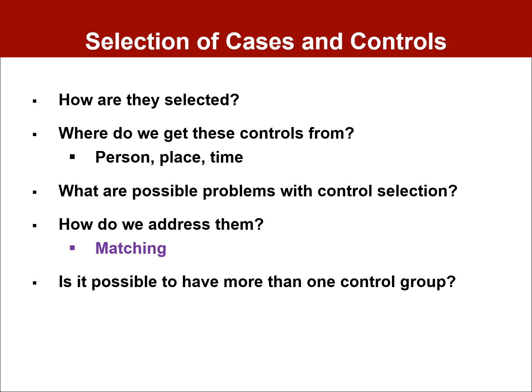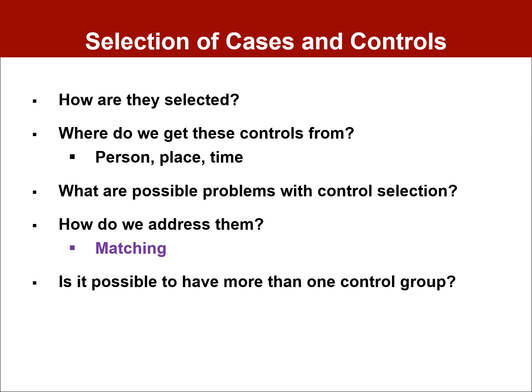And remember in epidemiology, when we talked about descriptive epidemiology, we talked about the distribution in terms of person, place, and time. So again, if you're looking at the person, you want to make sure that they have similar characteristics with the exception of the outcome of interest. You could do it based on place, meaning they all live within the same geographical area, or they might be identified from the same geographical area, or time, meaning you can pick the controls based on the same period of time you believe matches what the case group will be.